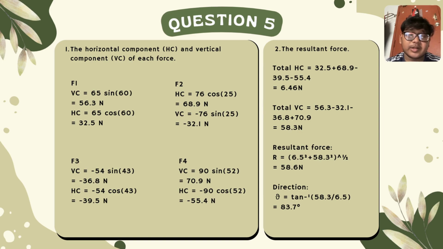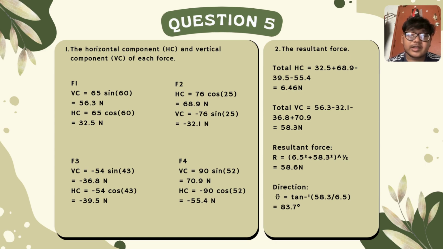For the horizontal component, we use F cos theta, insert the values, and get 32.5 Newton. Why are both of the components positive? It is because the horizontal component moves toward the right and the vertical component goes upward.